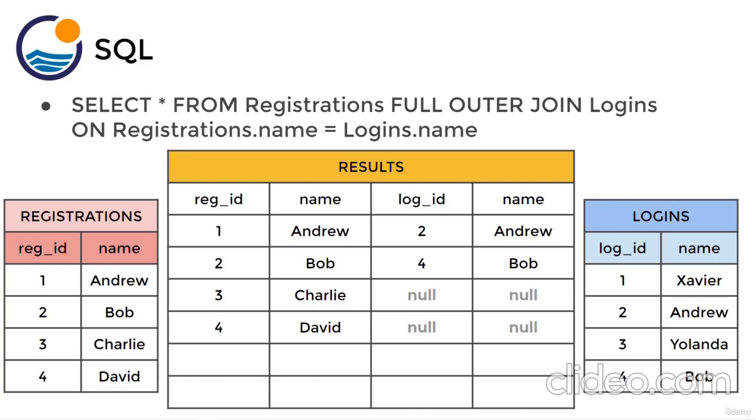And since this is a full outer join on logins, we also need to fill in the rest of logins, which was Xavier and Yolanda, and then the corresponding null values for the registrations table because they were only present in the logins table. So this is what it would look like to do a full outer join on these two tables on the name column. We grab everything and then fill in null values where we only had a row present in one particular table. This is the easiest outer join to understand because you're essentially just grabbing everything.